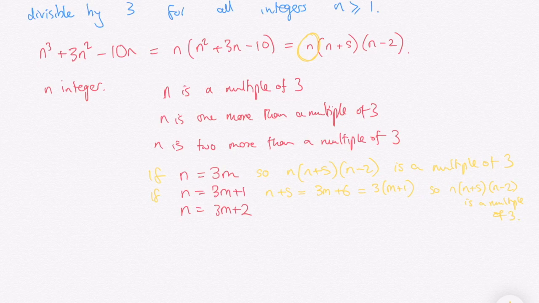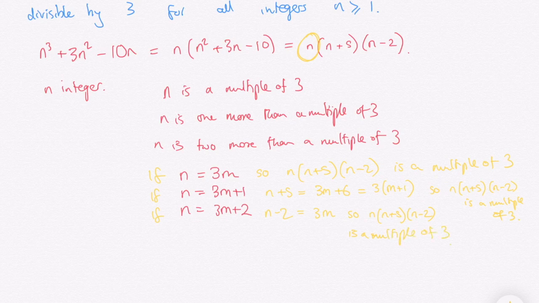And finally, if n equals 3m plus 2, then n minus 2 is equal to 3m. So n minus 2 is a multiple of 3. And again, so n(n plus 5)(n minus 2) is also a multiple of 3.